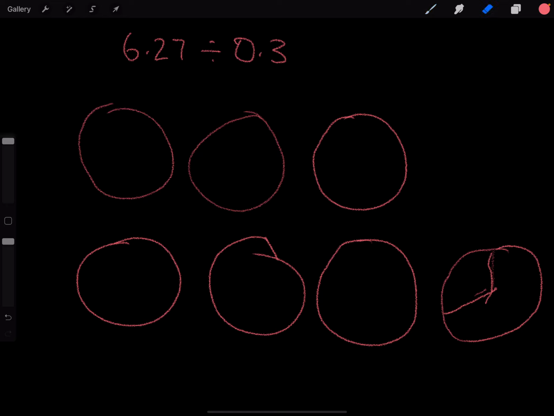Is there another way to think about dividing? You can have 0.3 times something equals 6.27. Oh, lovely. Do you want to write that?